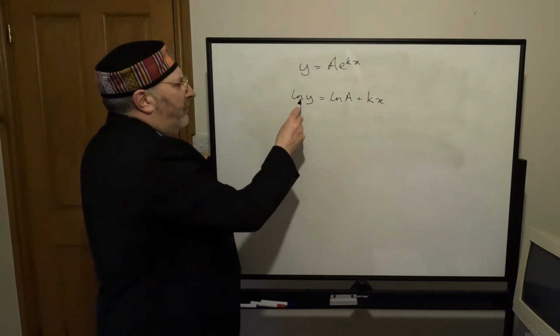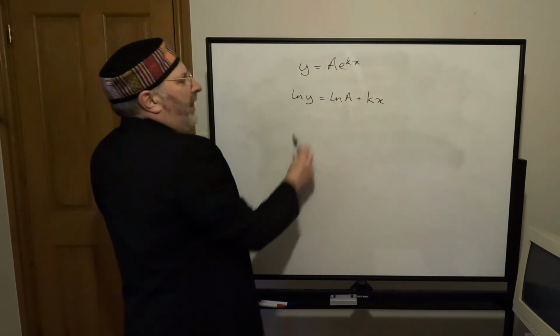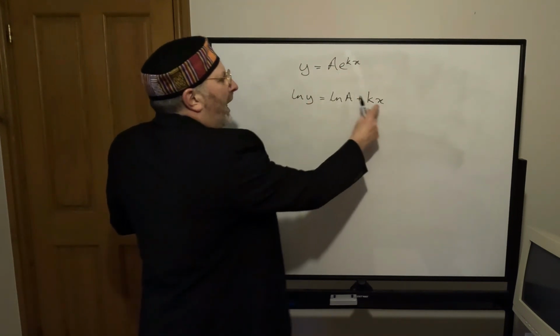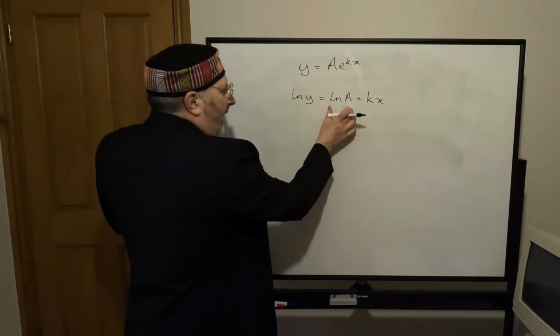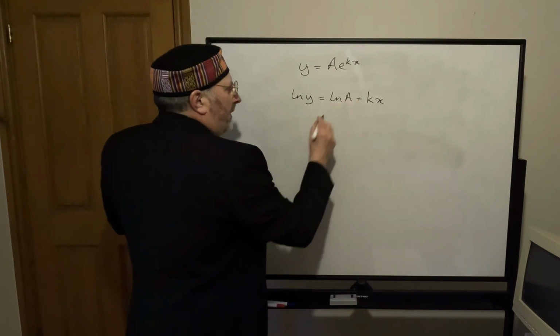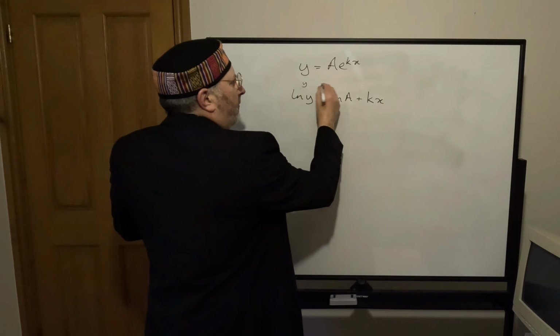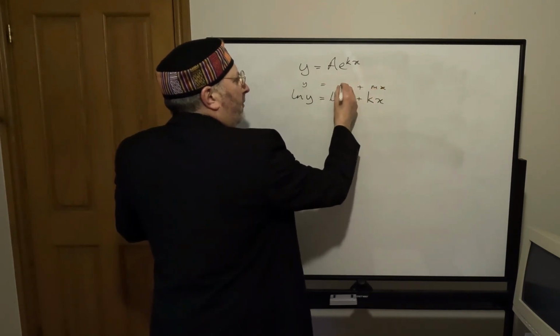So if we have some data that we think obeys this exponential law, and we plot the logarithm of y against x, we're going to have a straight line, because this is like the old equation for a straight line, which is mx plus c.